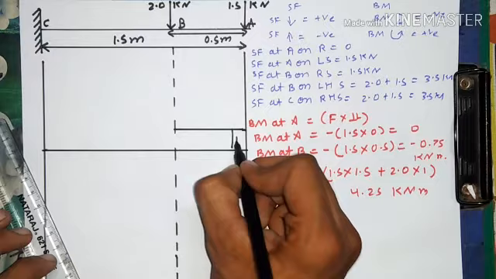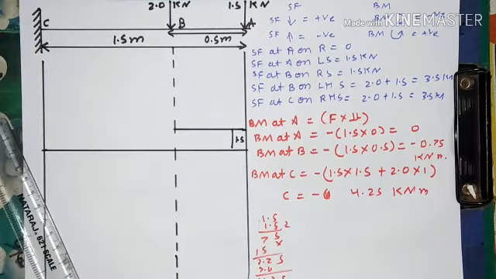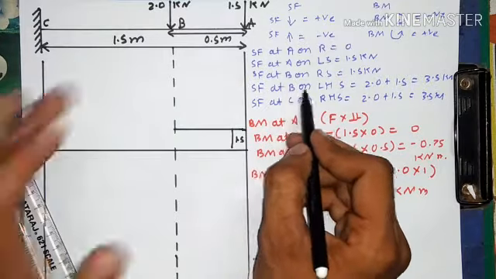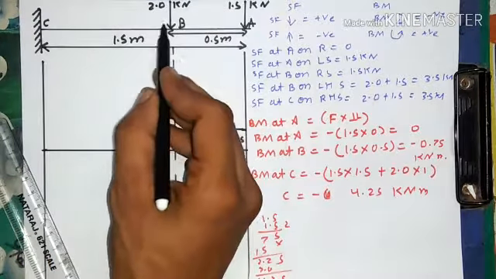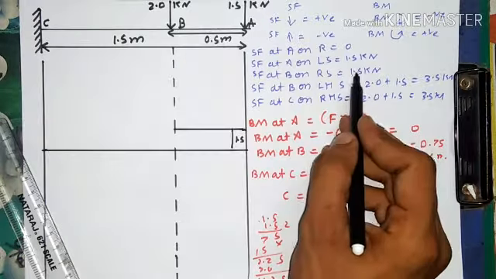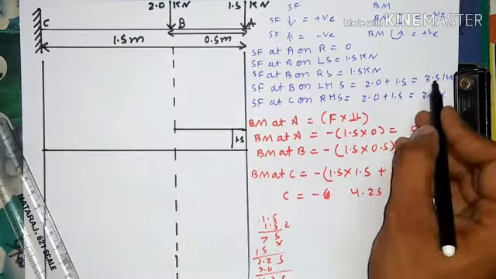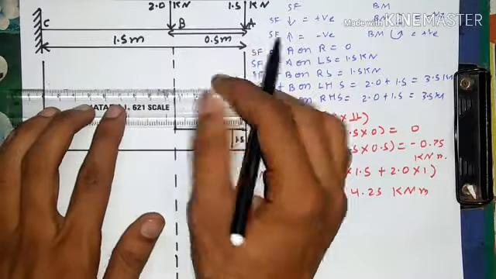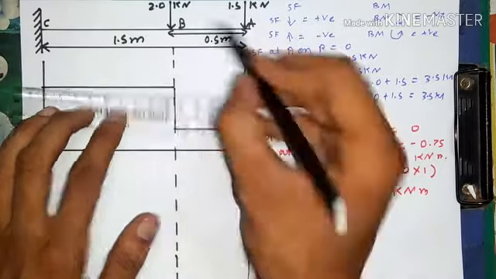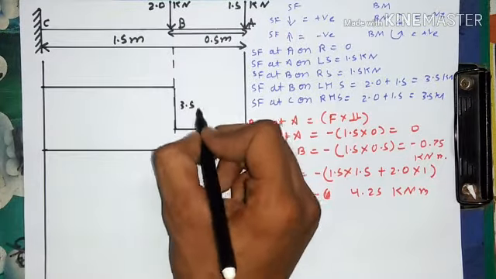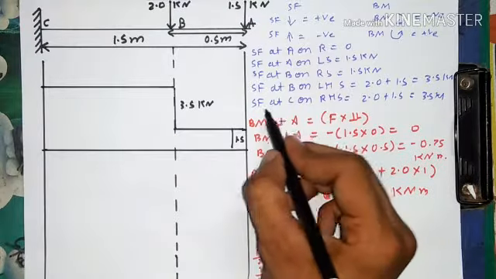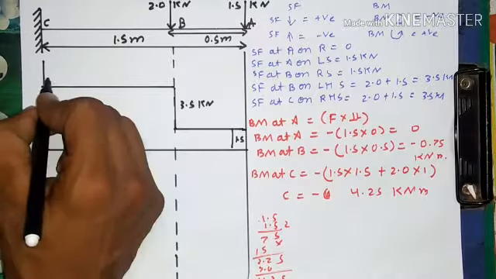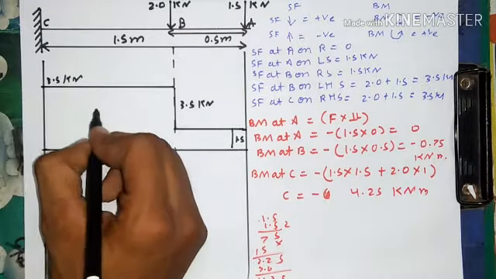This is 1.5, and shearing force at B on the left hand side is 3.5. So this line is drawn like this, 3.5 kilonewton, and shearing force at point C on the right hand side is also 3.5. So this is drawn at 3.5 kilonewton. This is a positive value.